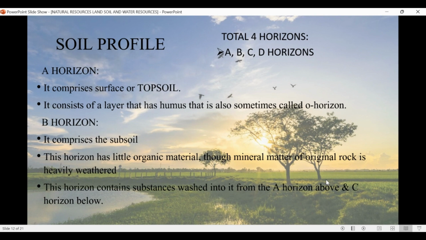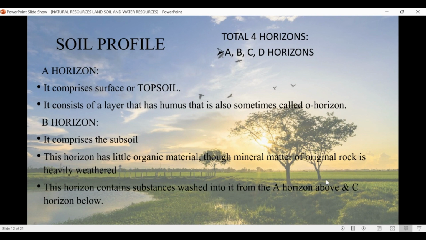As humus is also contained in this A horizon, this horizon that contains humus is also sometimes known as the O horizon. A considerable part of the nutrients and water available for plants is to be found in the O horizon. Now, let us understand the next horizon, that is the B horizon.